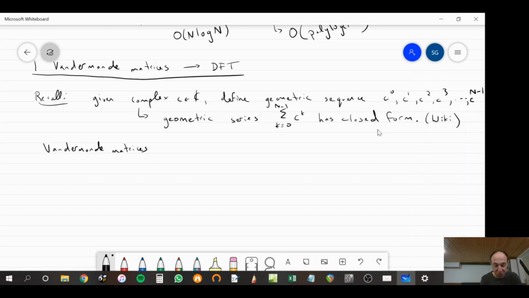Okay, so right now we have nothing to do with the Fourier transform, right? So here's attempt 1, if you will. This is going to be not too bright of an attempt. So pick any complex number on which you want to define your geometric series.